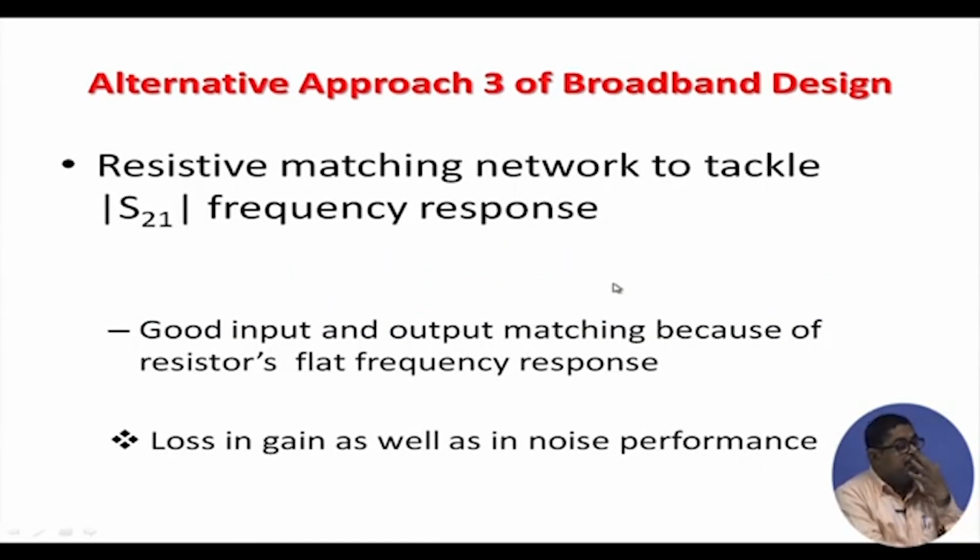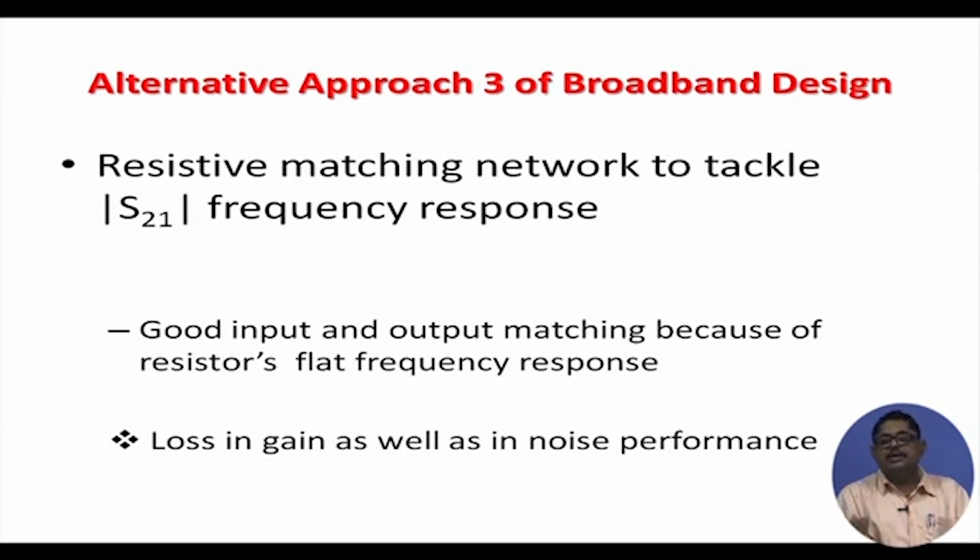Then approach 3, you can also have a resistive matching network to tackle the S21 frequency response. It is good because in output and input matching, as the resistor has a flat frequency response, you will have a more or less good frequency response, but obviously since you are using a resistive element, you will have some loss in gain.